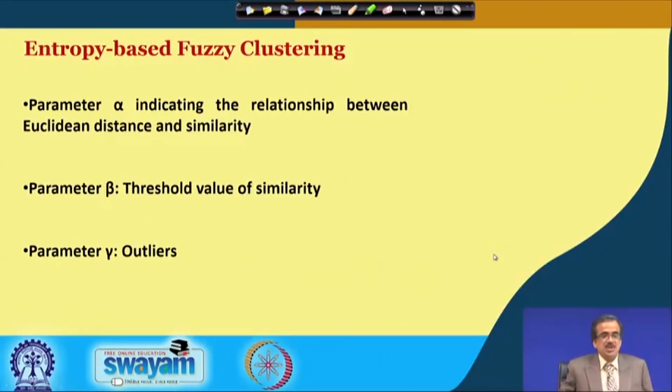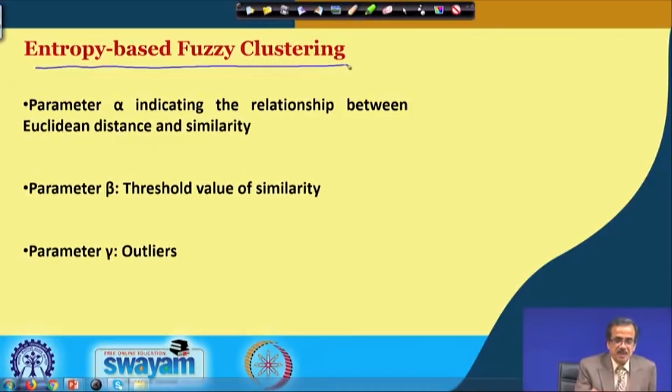Now, next we try to see another method of clustering which we have used, that is entropy based fuzzy clustering, and if I want to carry out a similar type of optimization, where our aim is to maximize the distinctness, to maximize the compactness, and to minimize the number of outliers, we can use the same principle for this entropy based fuzzy clustering also, keeping the same objective function.